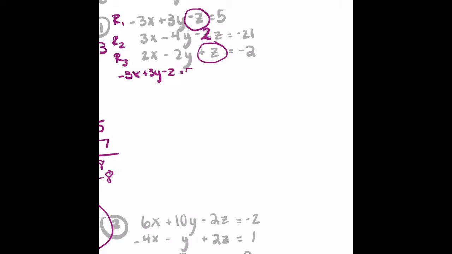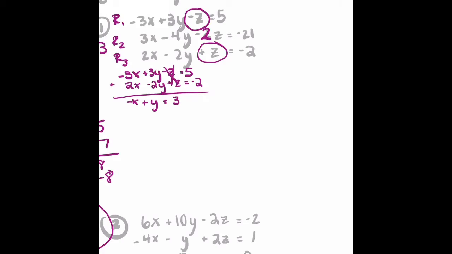I'm going to write my z's in that way so that they don't get confused with 2's. Then these cancel out when I add the rows together. And I'm left with negative x plus y equals 3.